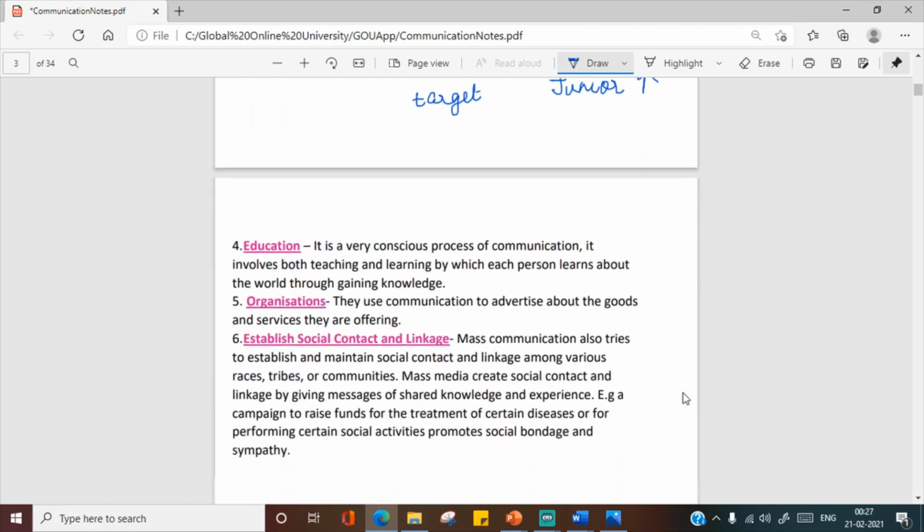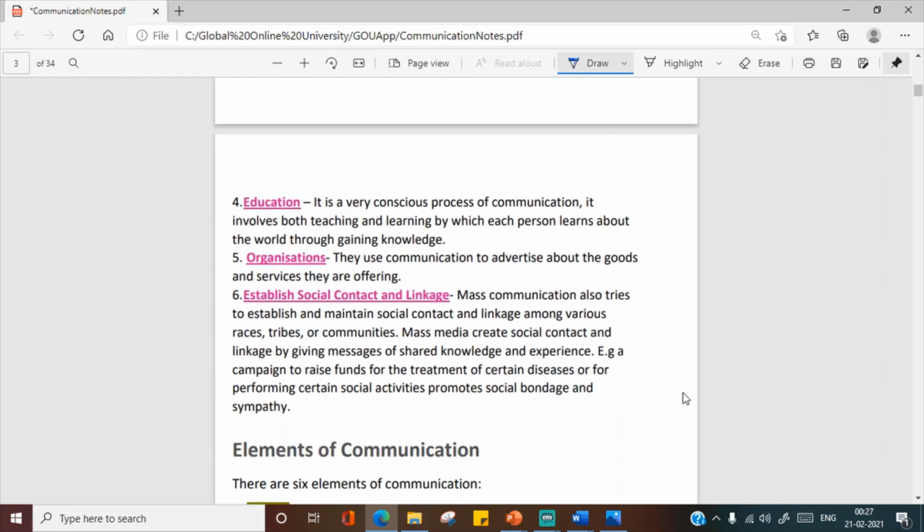Next is education. When a child goes to the age of 2 years, 3 years, the education process starts. Because the child, when he or she comes into this world, doesn't know how to speak, how to eat, how to walk. So through talking to the child, we inculcate knowledge in them.